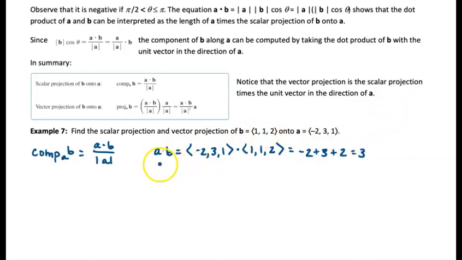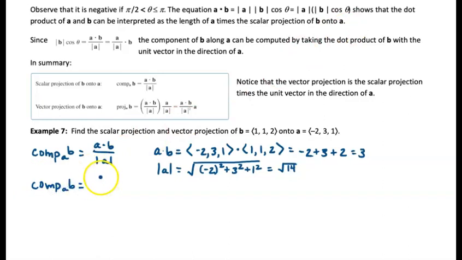Now we need the magnitude of A, which is equal to the square root of the quantity -2 squared plus 3 squared plus 1 squared, which is the square root of 14. So the component of B onto A is equal to 3 over root 14.